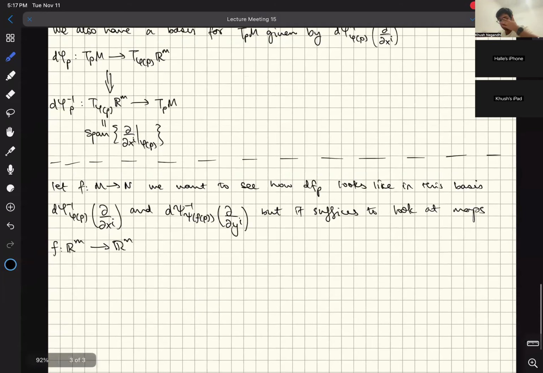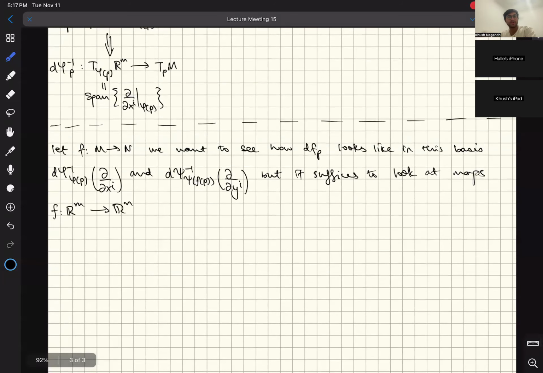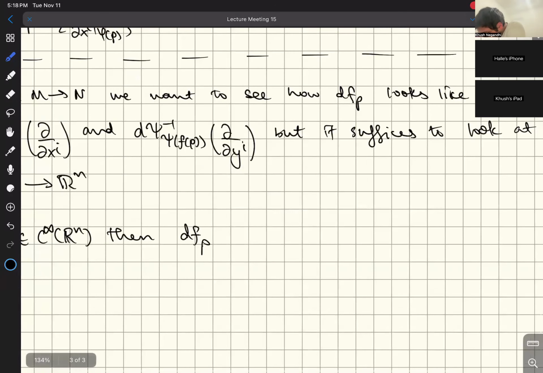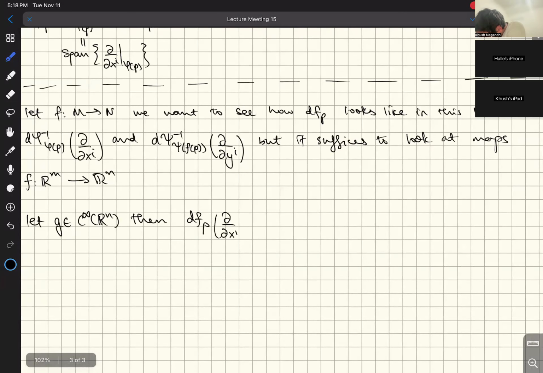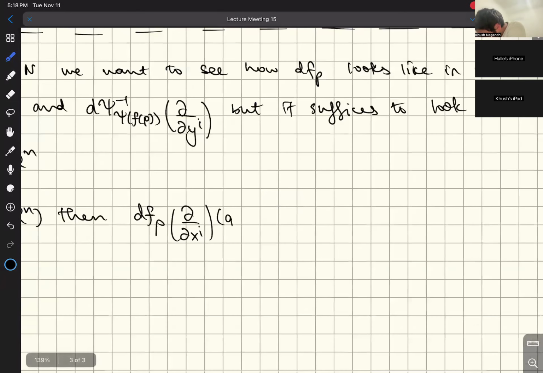So I mean we already know what this looks like, but let's just do it anyway. Let G be a smooth function on R^n. Then df at P of partial x_i at G is nothing but partial x_i at P of G composed with f.